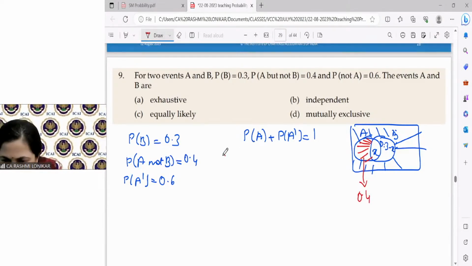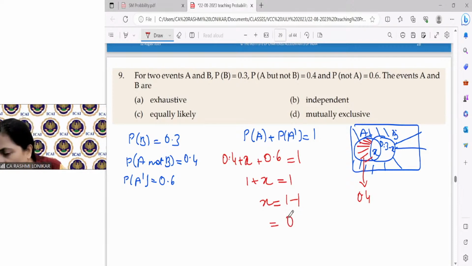So P of A will be 0.4 plus X. And P of A dash I know is 0.6. This should be equal to 1. So 0.6 plus 0.4 plus X is equal to 1, so 1 plus X is equal to 1, and X will be equal to 1 minus 1, which is equal to 0.